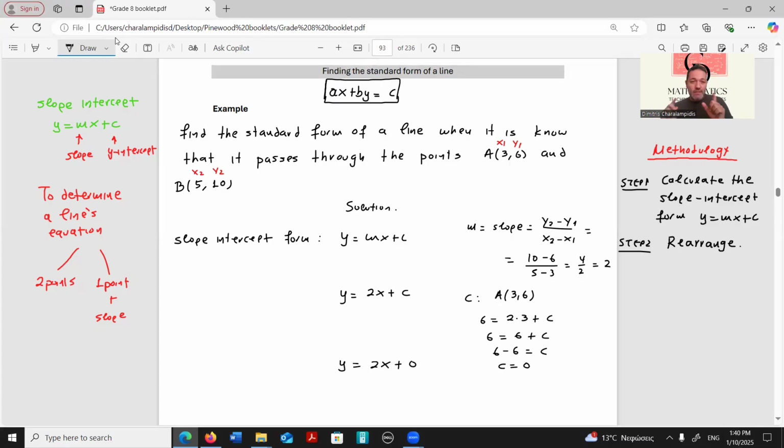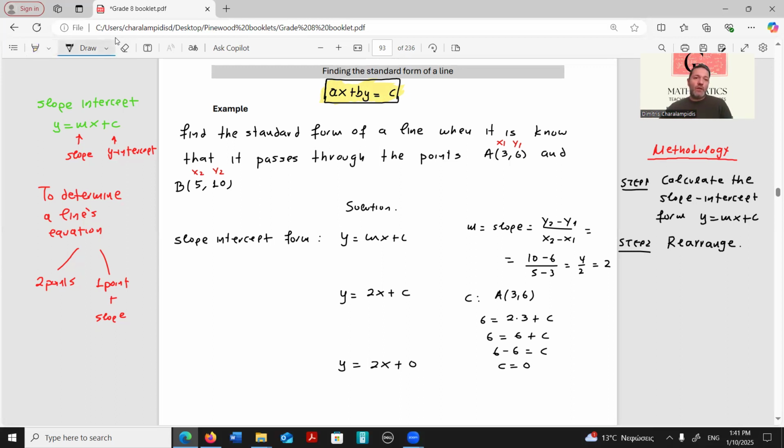But this is the slope-intercept form, and we just needed the standard form. By looking at the standard form, which was the form I originally wrote down, we can see that the x's and y's are all gathered on one side, while on the other side, we have the constants.